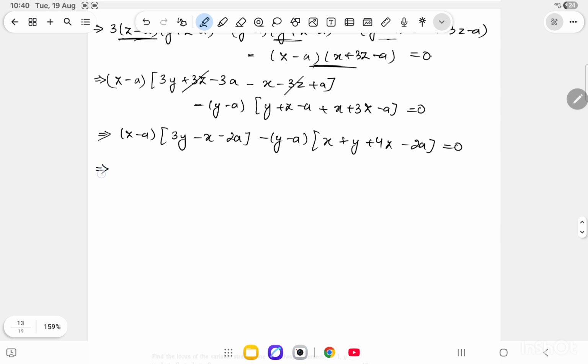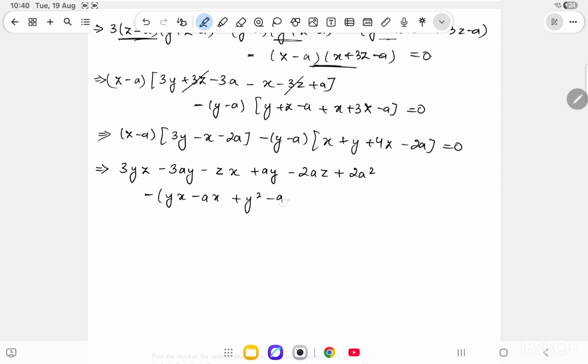Now let's just open it up to see what we get. So it is 3yz minus 3ay minus zx plus ay minus 2az plus 2a square, minus of yx minus ax plus y square minus ay plus 4yz minus 4az minus 2ay plus 2a square.